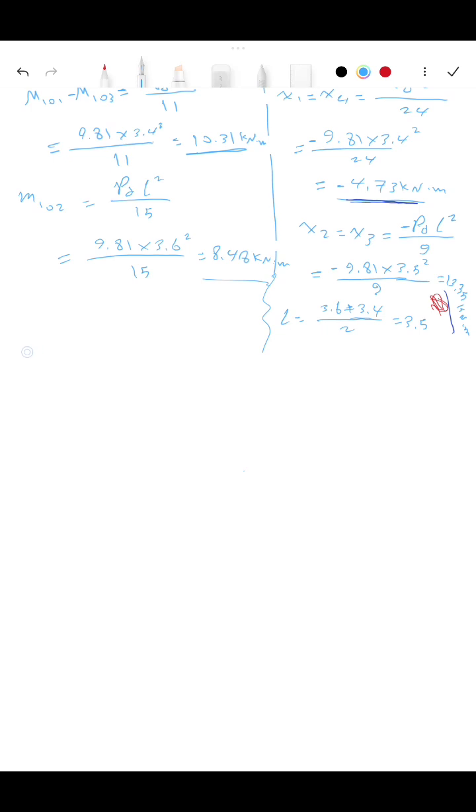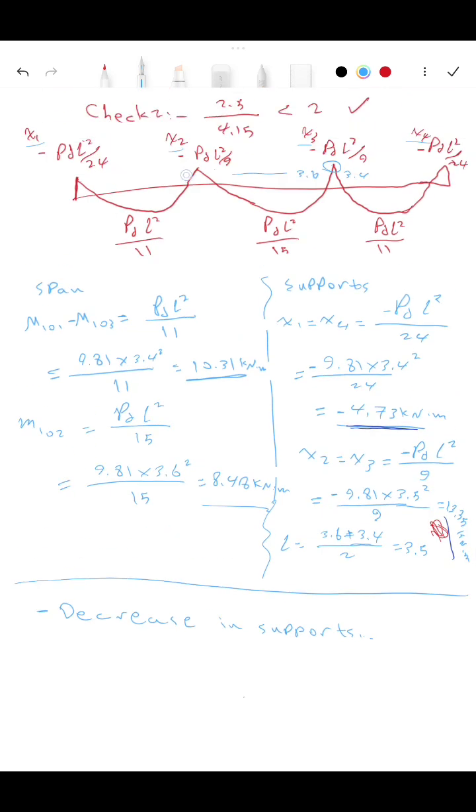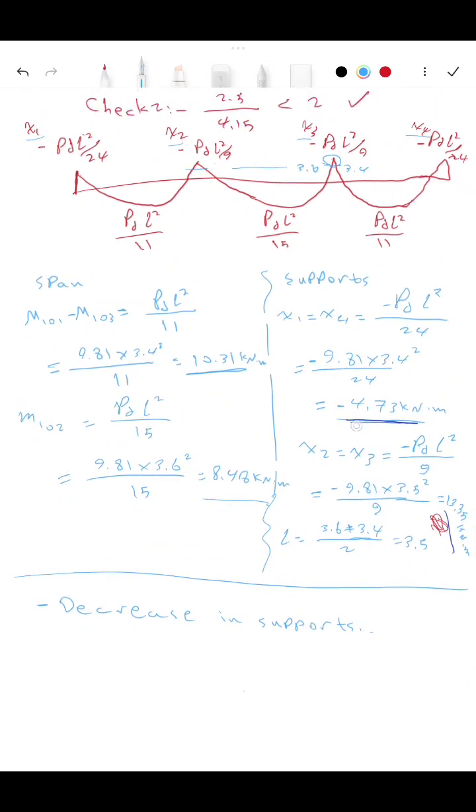Okay, after this step we will calculate the decrease in the support moment, in the internal supports. These supports in the middle, x2 and x3, whose value is 13.35, will have a decrease in the moment value, so we will calculate the new value.